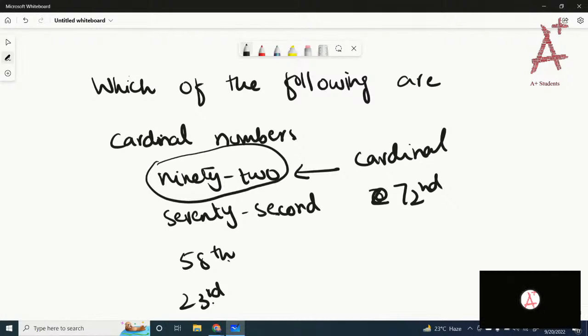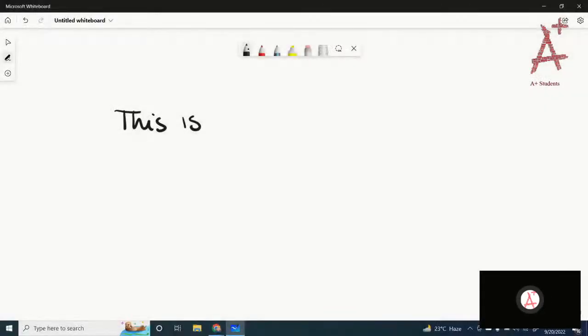Select the correct option and click on the OK button. Okay, the next one is, what is the... this is the house that Jack built.